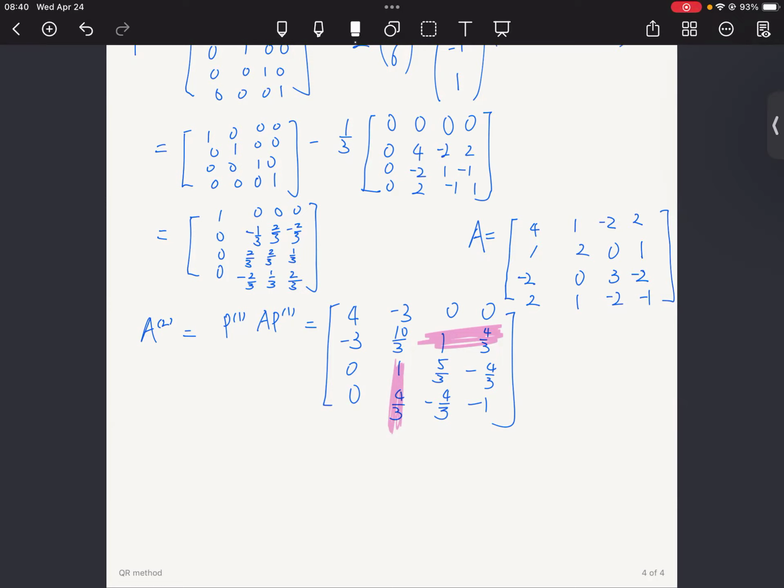The general algorithm is, so for each iteration, let's say we already have the iteration matrix AK. So I'm going to give you the general algorithm first.